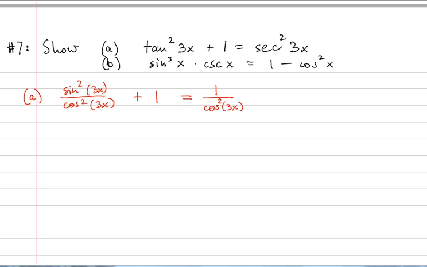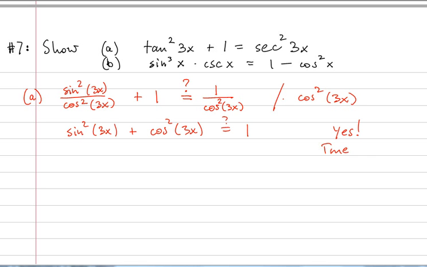It's equivalent to say, at least for an identity, that if I multiply by cos squared here, then I have sine squared of 3x, and that cancels the denominator, plus 1 times cos squared is cos squared 3x. Is that equal to 1? And yes, so it's a true identity, because this is equivalent to this, which is equivalent to this, which is true.